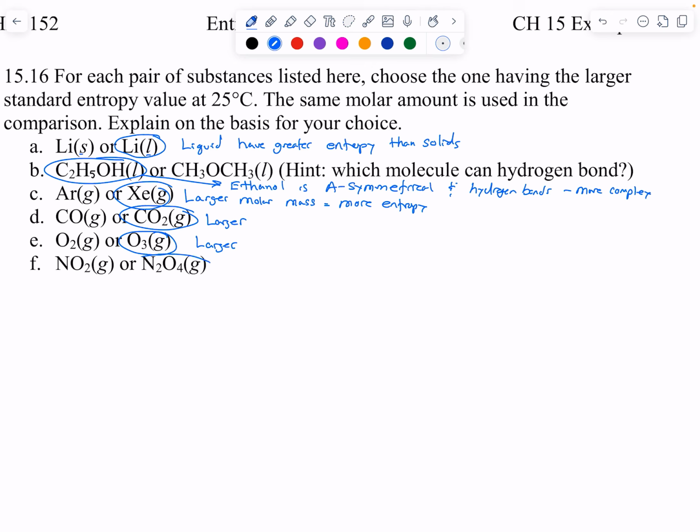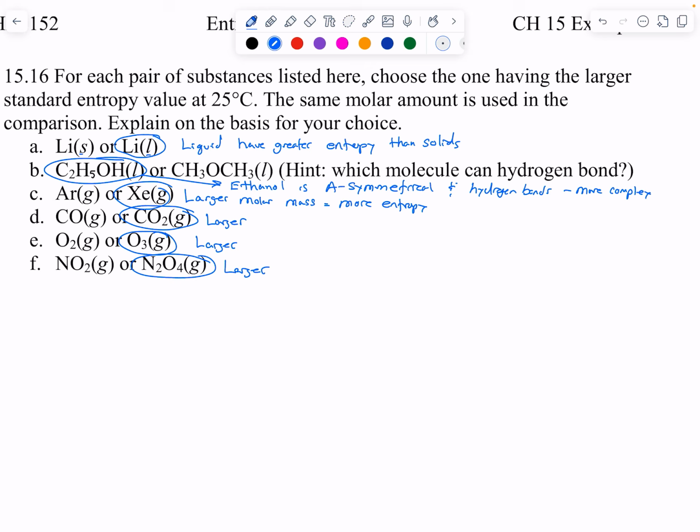Well, N2O4 is larger, because N2O4 has more bonds, so that's more molecular complexity, more mass, more electrons, more protons and neutrons, right? The 1 mole of dinitrogen tetroxide has a larger standard entropy than 1 mole of nitrogen dioxide.